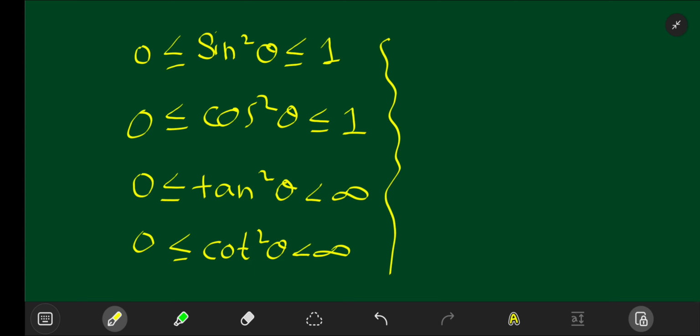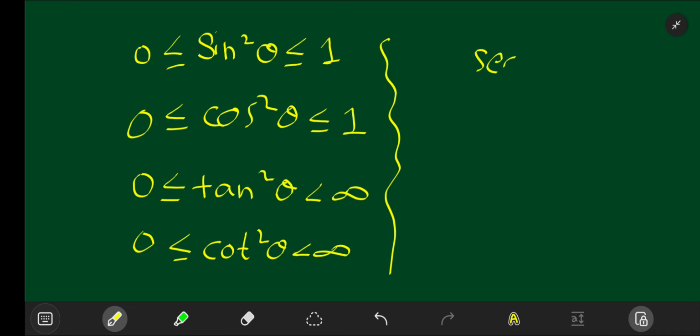These are the ranges. You have to remember this. Sin square theta and cos square theta range is between 0 to plus 1. Tan square theta and cot square theta range is between 0 to plus infinity. You have to remember this. Okay. Next, we are left with sec square theta.